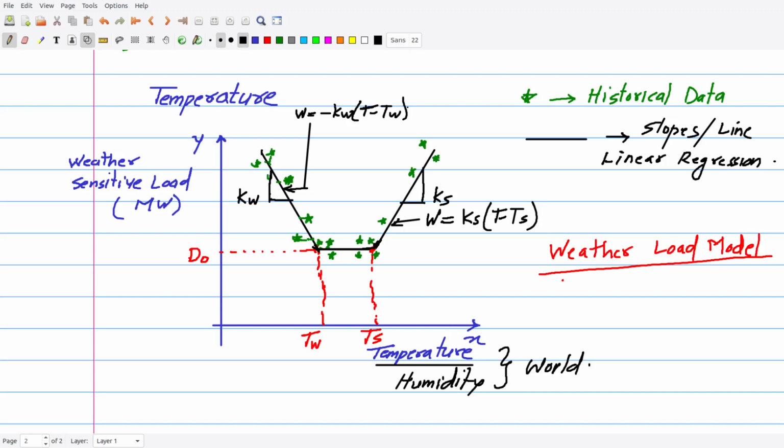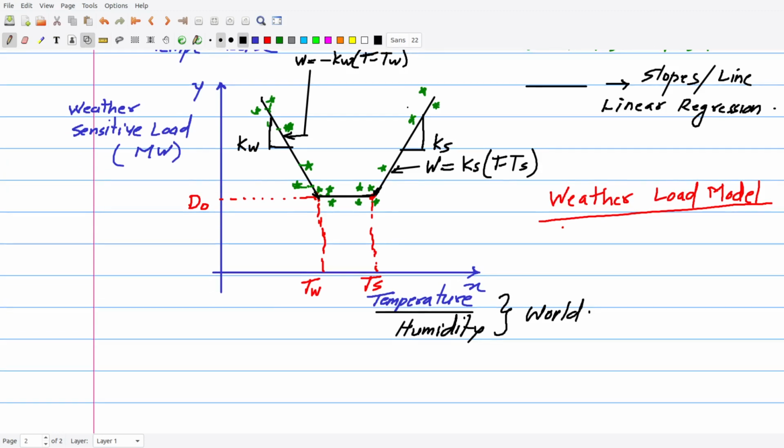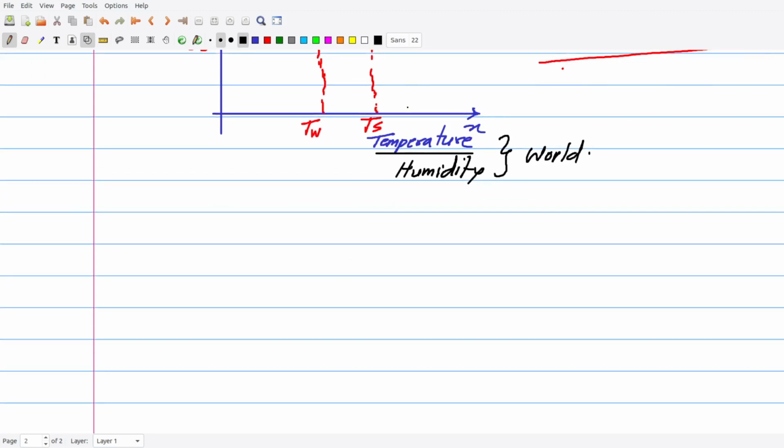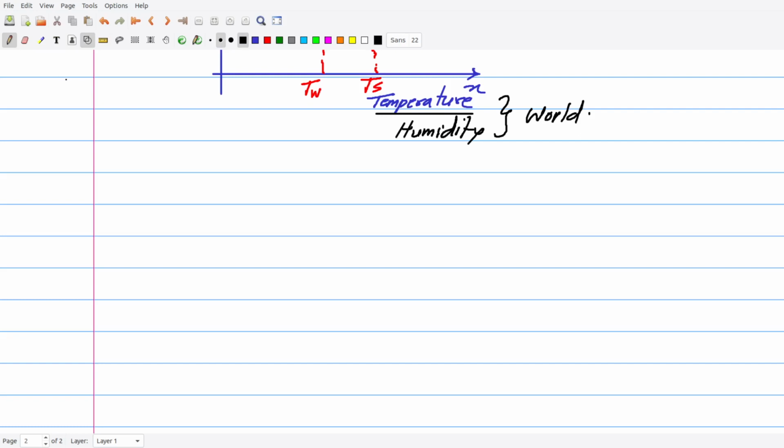So this is why this is negative, because of slope it is negative. So if T is greater than Ts, I will write all the equations again, that will show us our weather load model. You can refer, I will share all this.